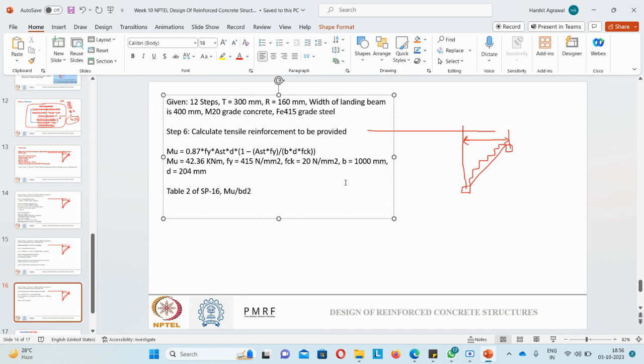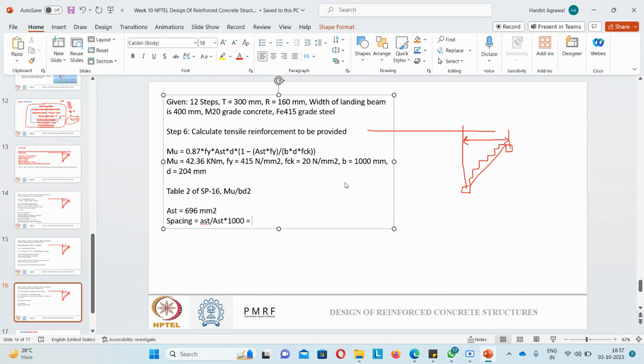Right now I have the final value, so your Ast will come out to be around 696 mm square. Since I am providing 12 mm rebars, I need to calculate spacing. Spacing is the area of one rebar upon total area into 1000, per meter width.